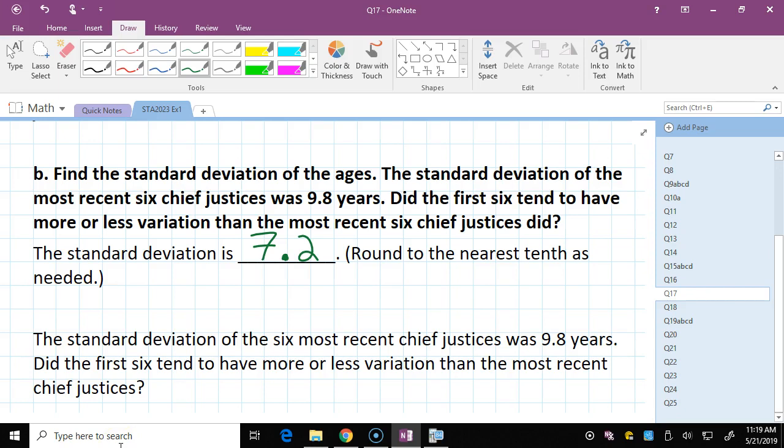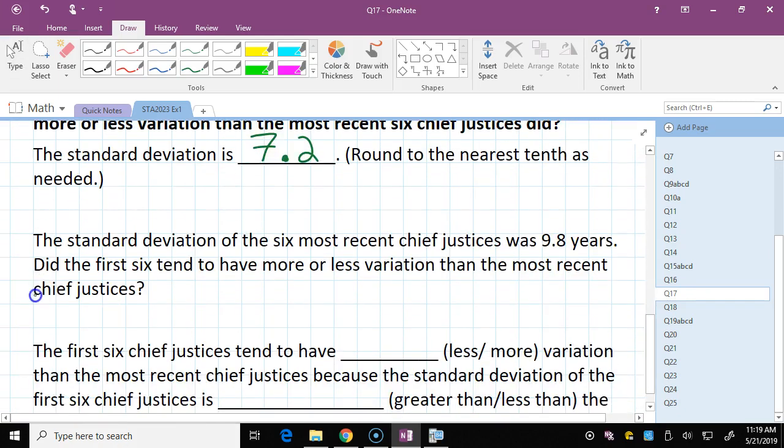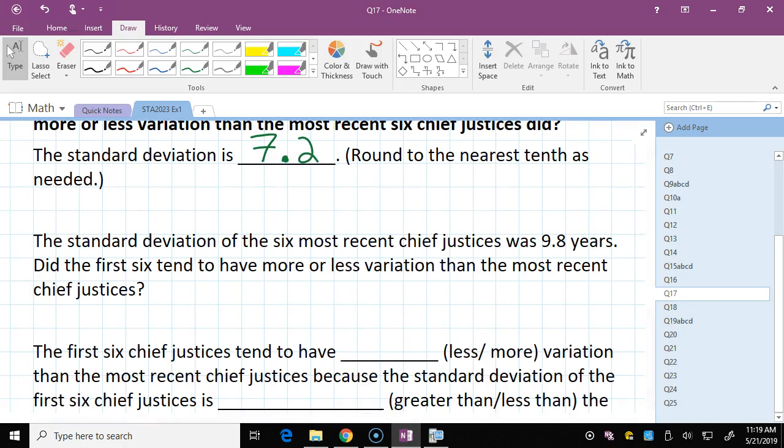All right, so now it says the standard deviation of the 6 most recent Chief Justices was 9.8 years. Did the first 6 tend to have more or less variation than the most recent? It had less. They had less variation. Why?